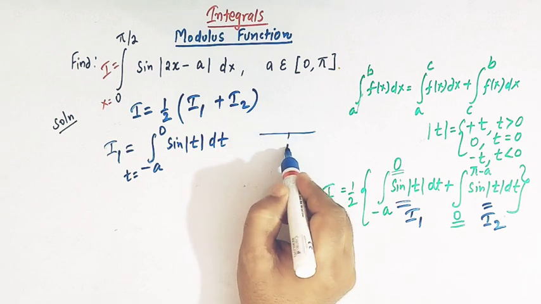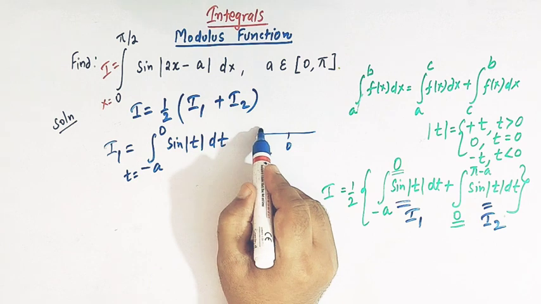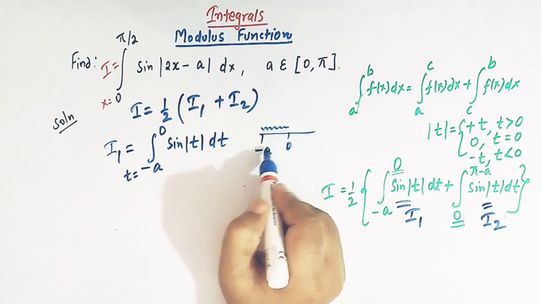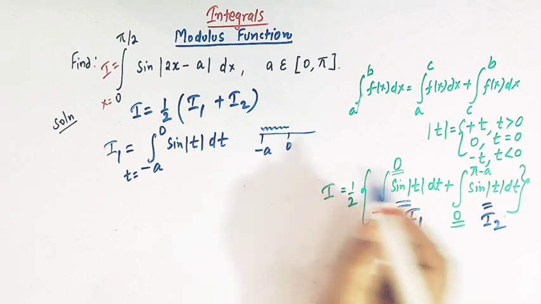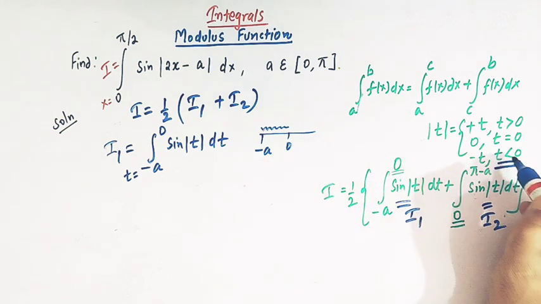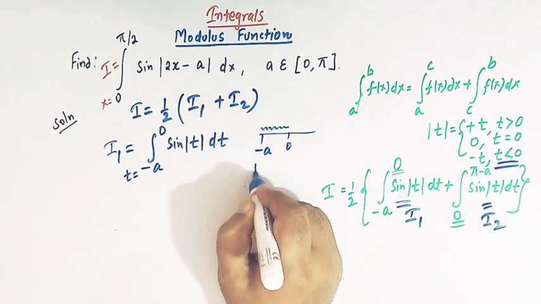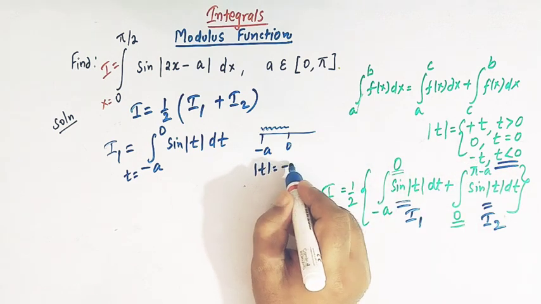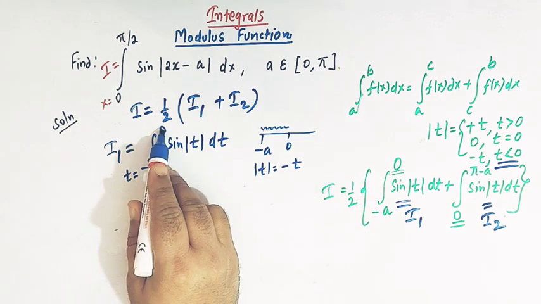Now see, here we have 0 and here we have minus a, right? So all the values which lie between minus a and 0 are negative, right? So when t is negative, then mod of t is equal to negative of t, right? So mod of t is minus t when t lies between minus a and 0.